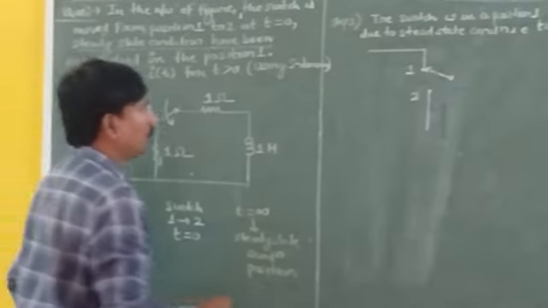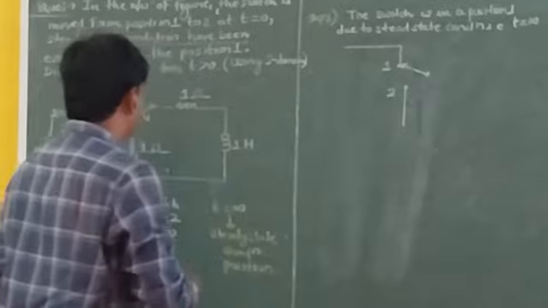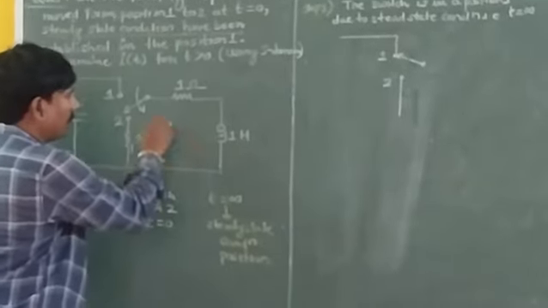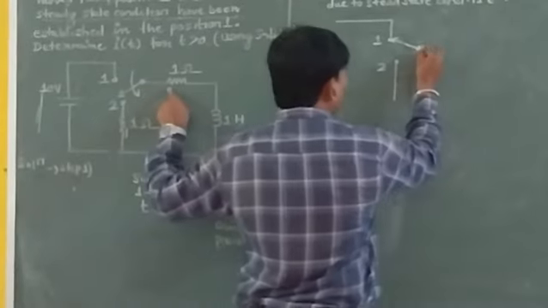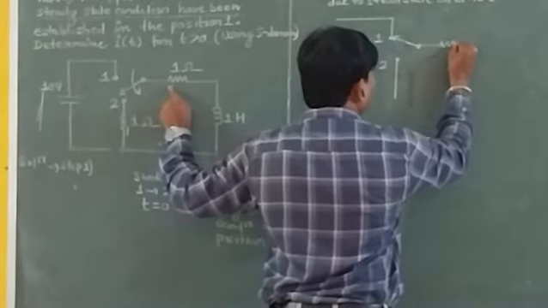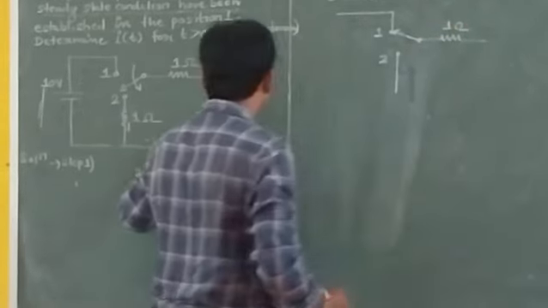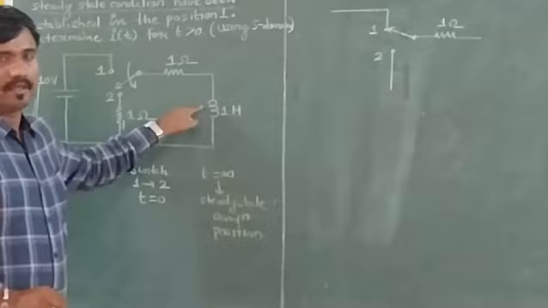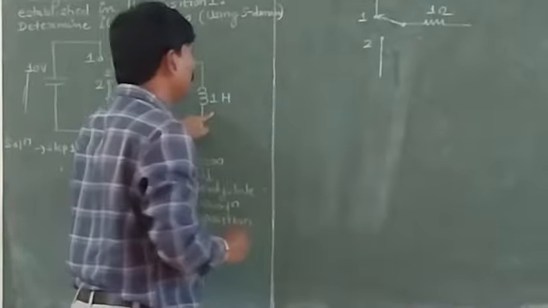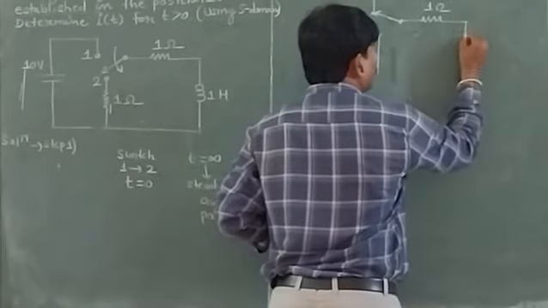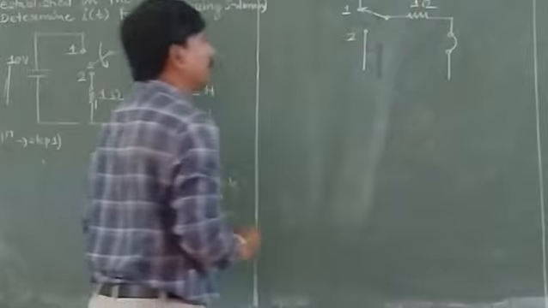Got it? So just see the transient analysis table and you will understand that there will be changes in the elements available in the circuit diagram. The resistance will remain as it is. The value of the resistance is 1 ohm. In the case of an inductor at t equals infinity, the inductor will be short circuited.